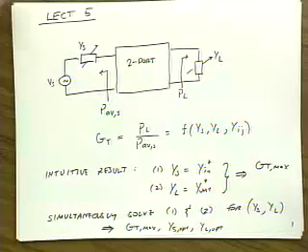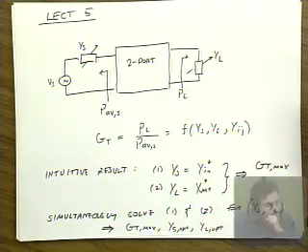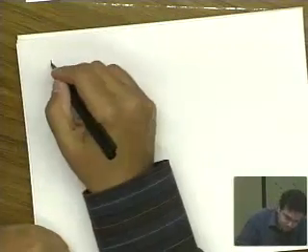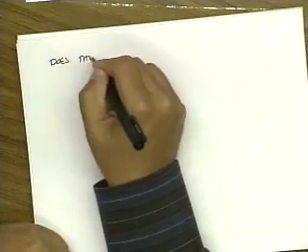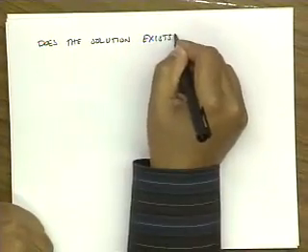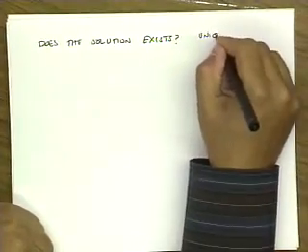Intuitively, we can say, yeah, it seems like the solution should exist. But can anyone think of conditions where there might not actually be a solution? Let me pose that question. Does the solution exist? Is it unique?